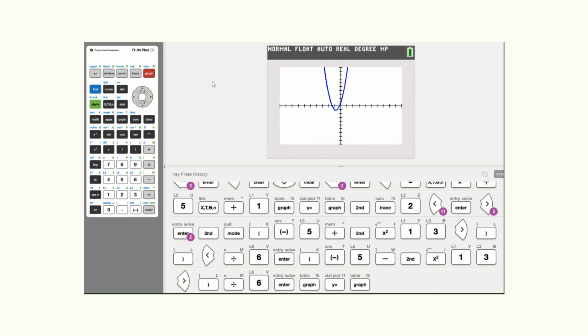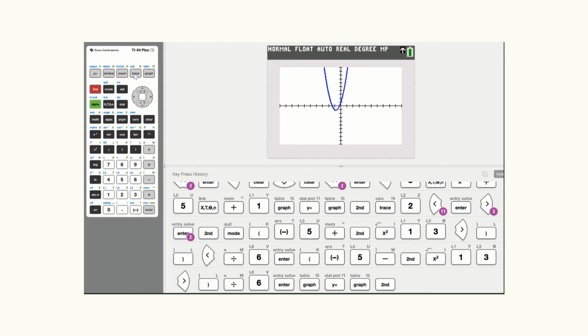And when we graph it, here's what we see. And I can see that I've got a root somewhere between 0 and -1, and then also between -1 and -2. And if I want to get an approximation, this will not be in a form of a radical, but it's going to give us an approximation.